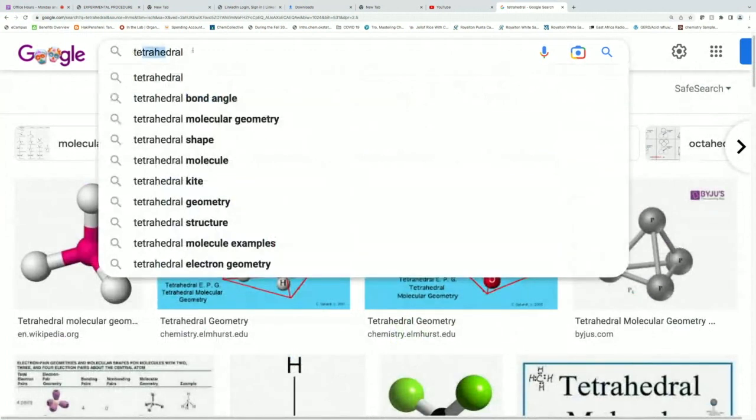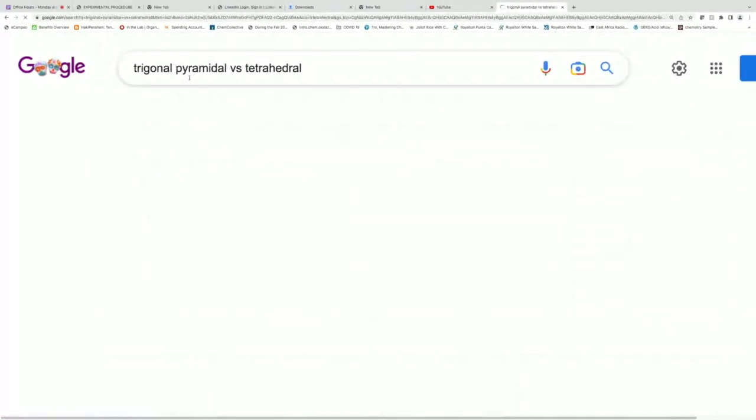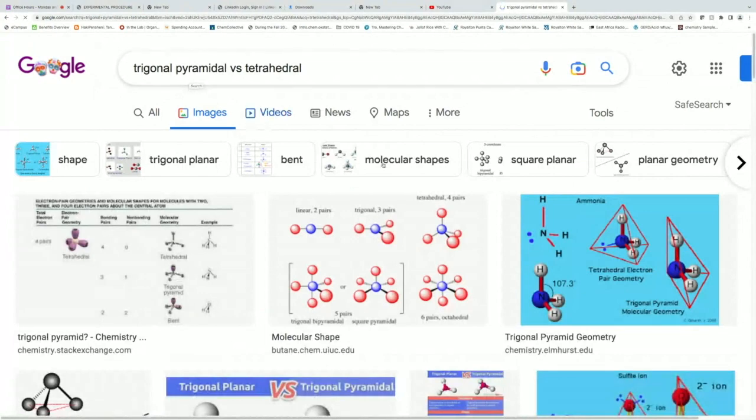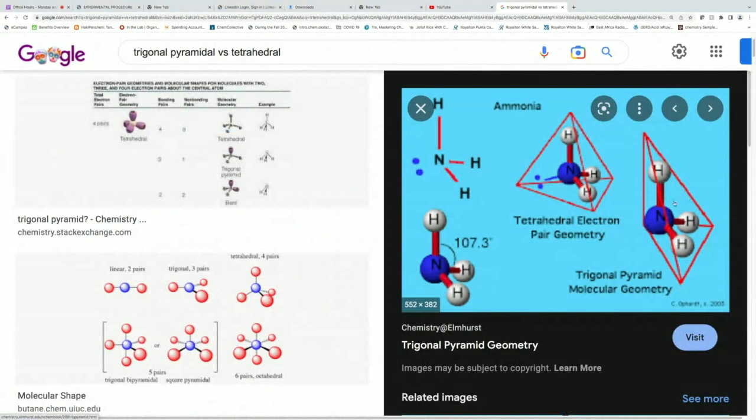And then from there, we have the shape that's trigonal pyramidal. This is what we're seeing right here, trigonal pyramidal. They have it oriented sideways, but you see it right there. It looks more like a pyramid.